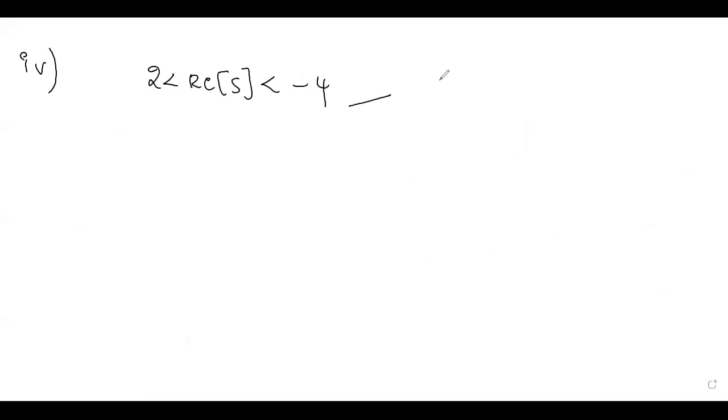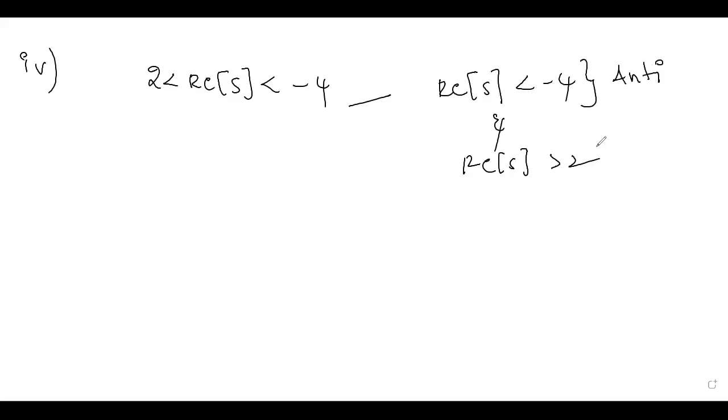If you observe here, what are the two cases we have? Real part of S less than minus 4 and real part of S greater than 2. That means sometimes you may wrongly go with real part of S less than minus 4. Anti-causal we will select corresponding to this pole. Here causal signal we may select.